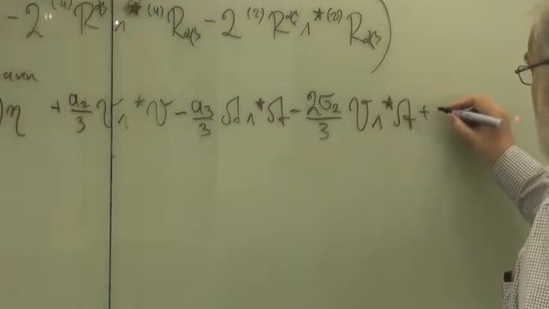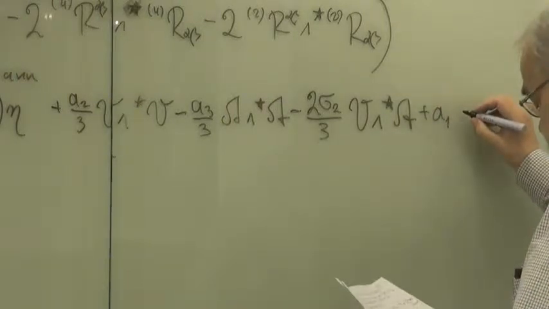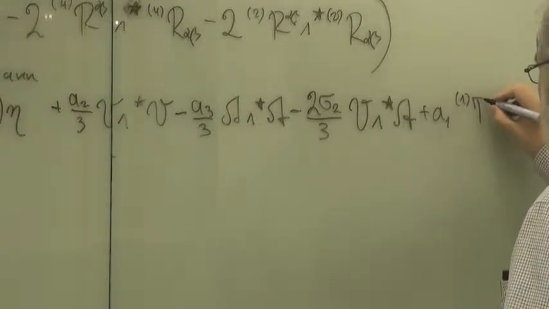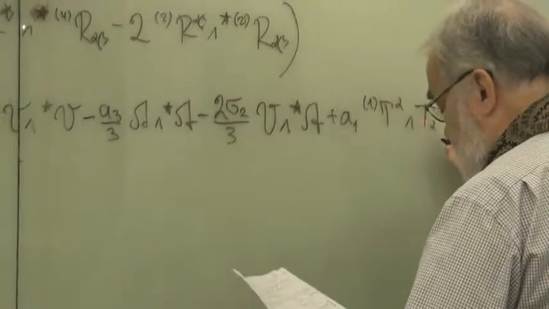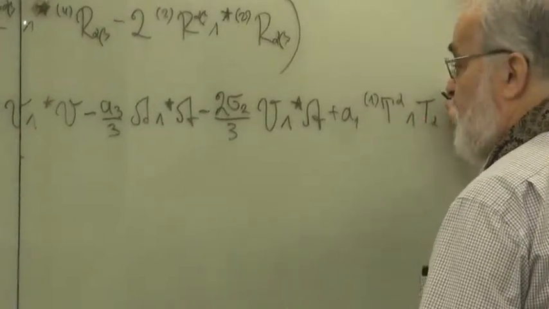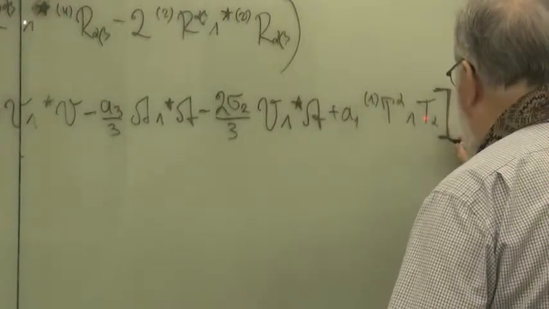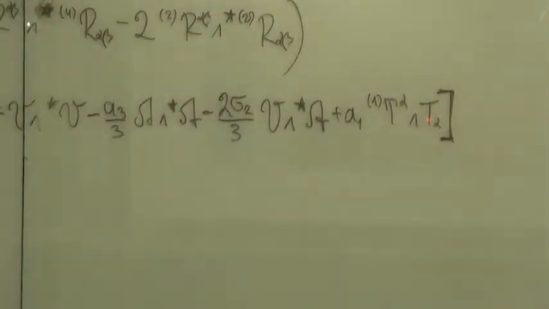And we have here A1 times the tensor piece of the torsion, T alpha, star T alpha. That's already all for weak gravity. So this is a weak gravity Lagrangian finally.